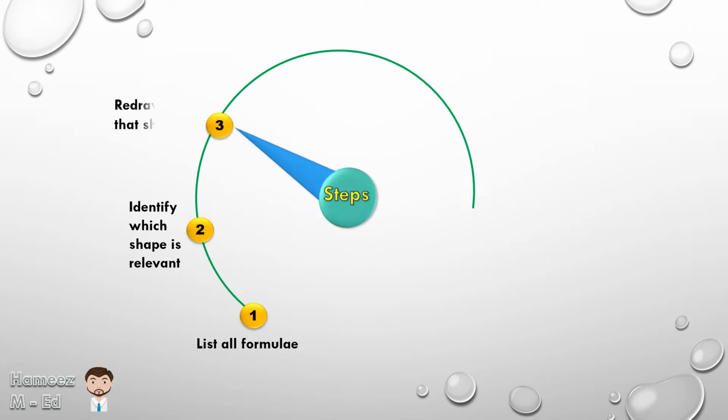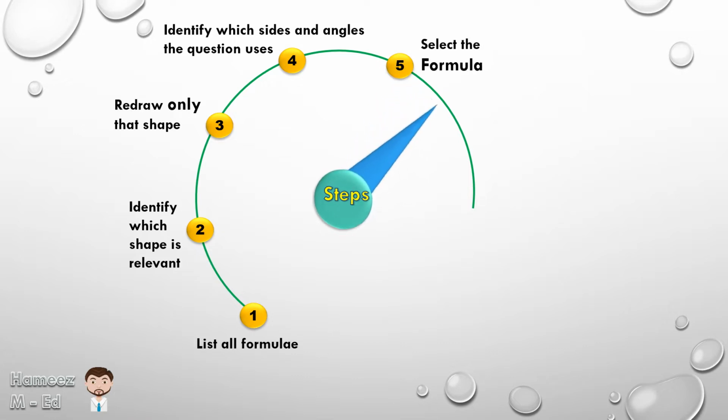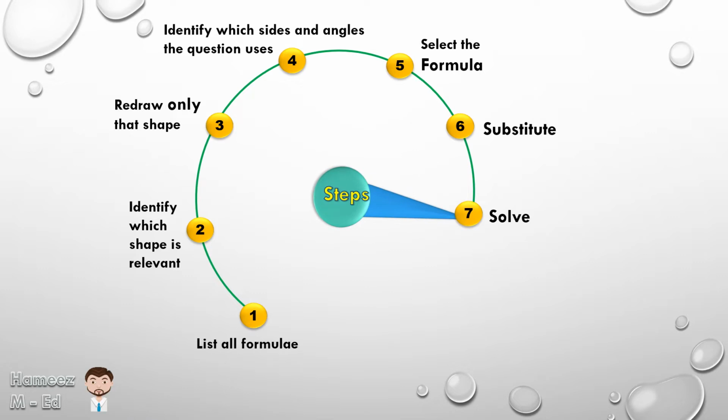We draw only that shape, and then identify which sides and angles the question uses. Select the formula, then substitute accordingly into it, and solve for the unknown. These steps will help students who are having major problems.